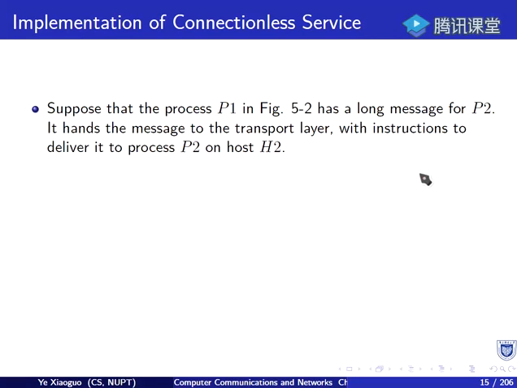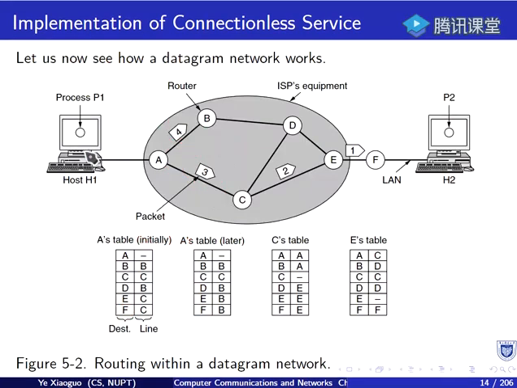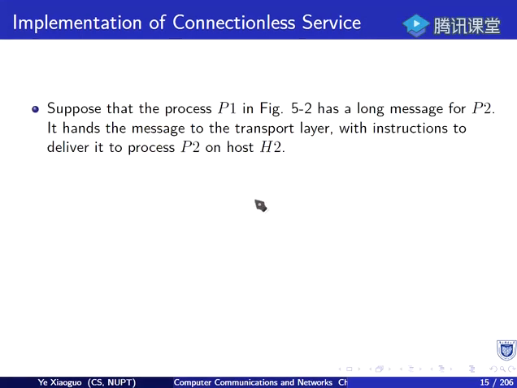Suppose that the process P1, an application process denoted by P1 in host H1, and process P2 in host H2, and the process P1 has a long message for P2.